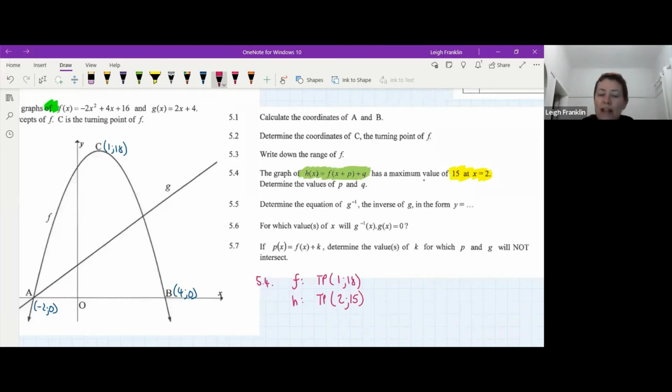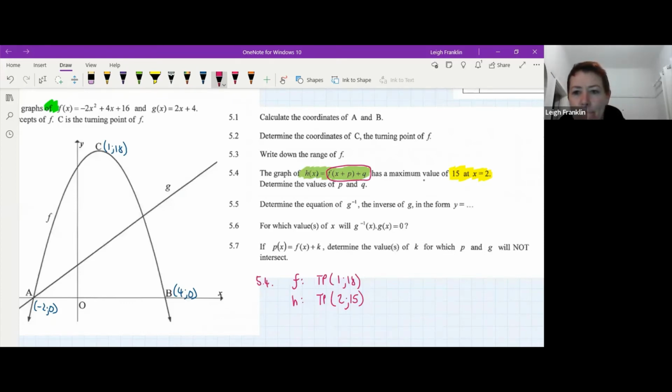So we need to write a rule for translation, because that's what this represents, so that we can shift f in order to obtain h. The turning point has changed from 1 to 2, and the maximum has changed from 18 to 15. What does P represent? Does P represent the change in X, or is P the change in the Y?